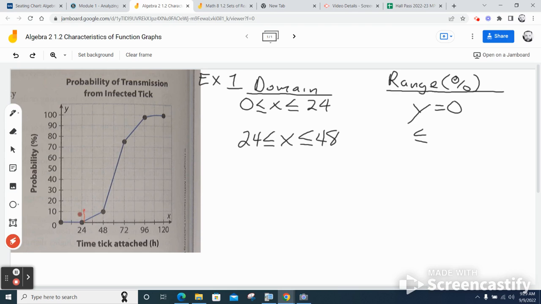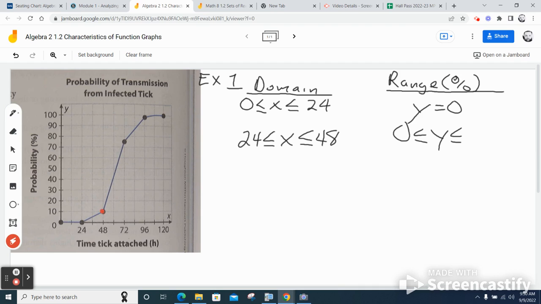So I'm going up. But my y value at this point is what? 0, right? That's 0. Good job. So 0 is less than or equal to y.